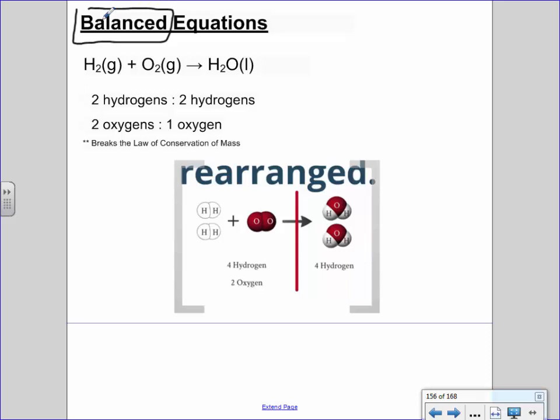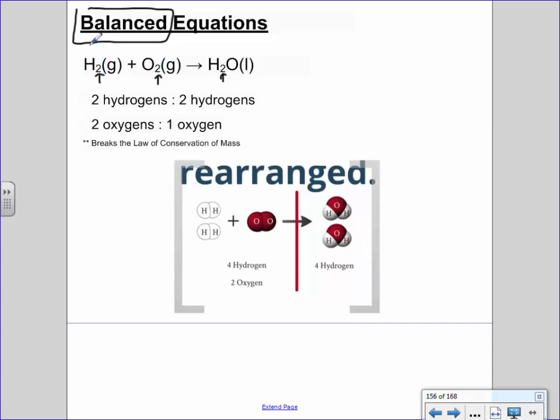On paper, when we try to write an equation, there are a couple of things that we do to balance an equation. One of the things I've already showed you is these little numbers right here. If you recall, those little numbers tell you how many you have. Oxygen right here comes in a package of 2. So there's 2 oxygens right here. And this hydrogen right here also comes in a package of 2.